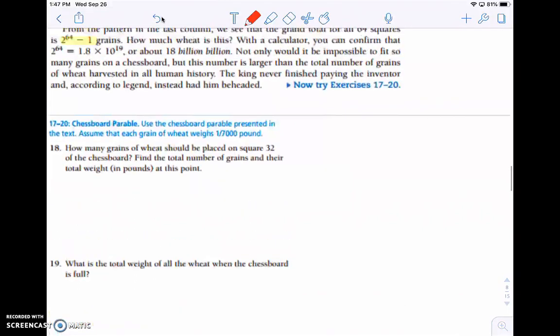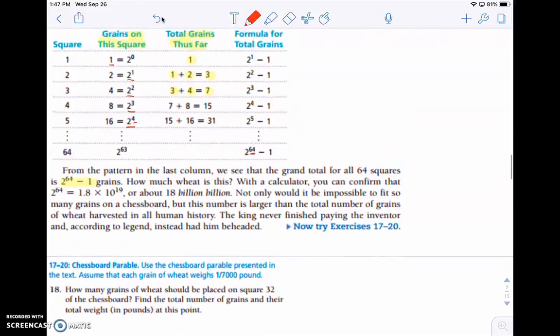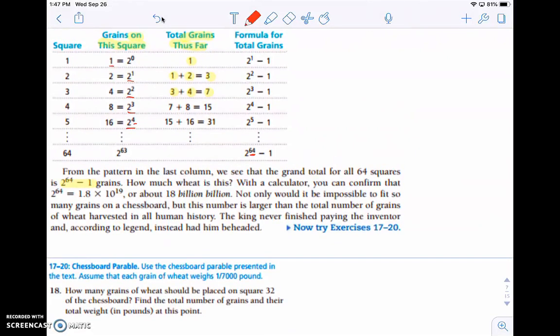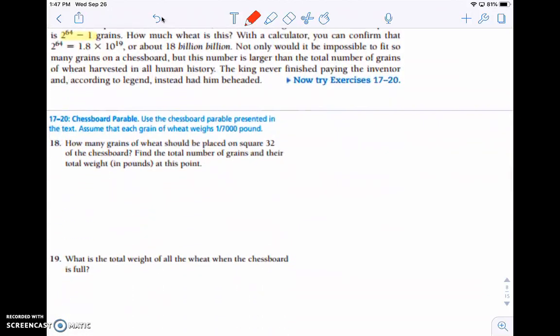Now remember from the table here, the way you find the number on a single chessboard is you just take 2 to the power of one less than the square you're on. So if it's number 32, then there will be 2 to the 31 power grains of wheat.